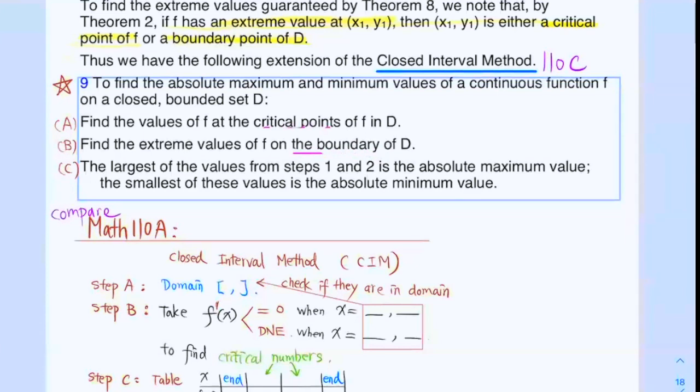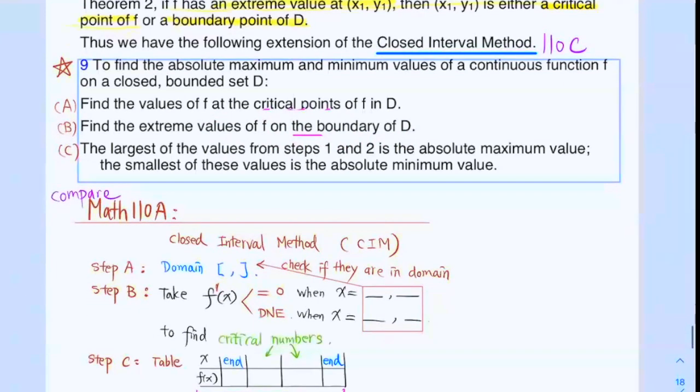So here you look at the critical numbers and the endpoints and see the function value. For that one, we look at the critical points and also the boundary, and see what happens to the function. We look at the function value over there.